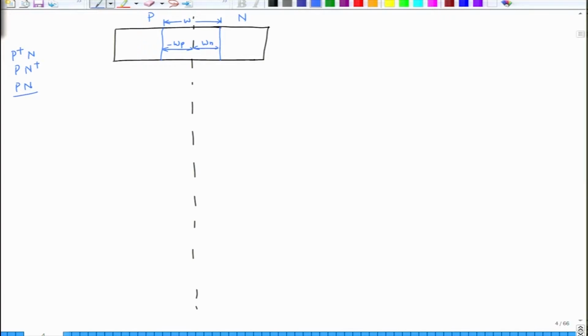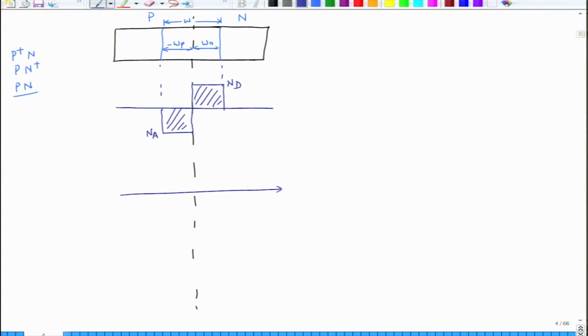If you now plot, first we want to plot the carrier density, so this side is Nd and this is Na.